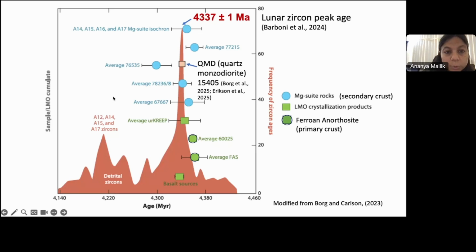And then this square with the black circle is what we think represents the ferroan anorthositic crust. So what we see is that the ferroan anorthositic crust is about 25 million years older than some of the secondary crustal lithologies in blue and pink. Well, the pink one we don't know as yet, but I'll talk about that. But at least the Mg suite rocks and the ferroan anorthosite have about a 25 million year gap between them, with the ferroan anorthosites being older.